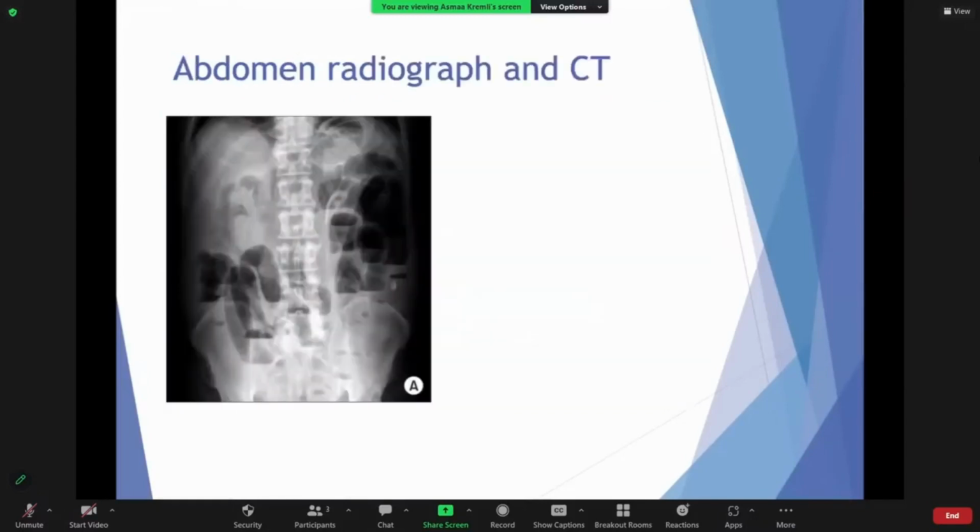So remember this image I showed you in the beginning. This is an abdomen radiograph of a patient. We can see that there are dilated bowel loops, and it shows bowel obstruction. But it's difficult to see any further information.